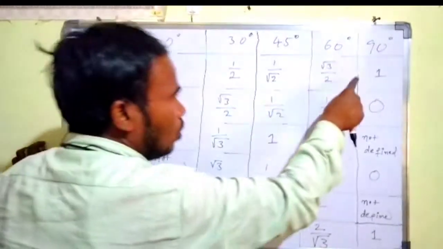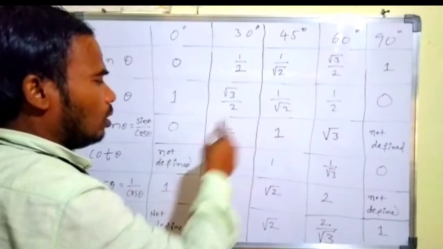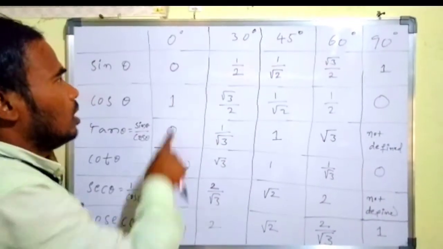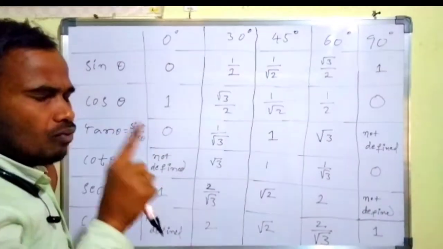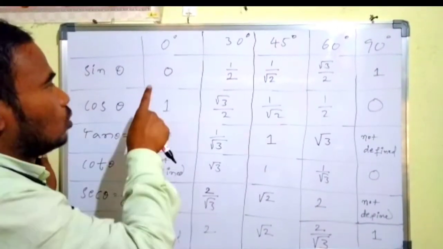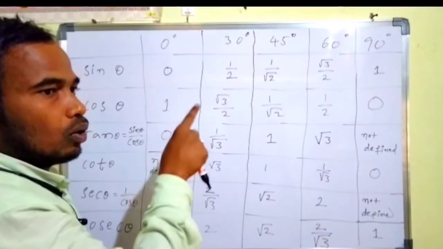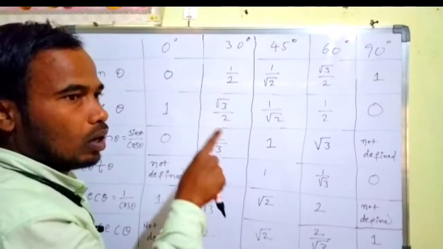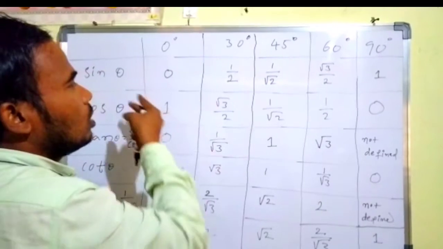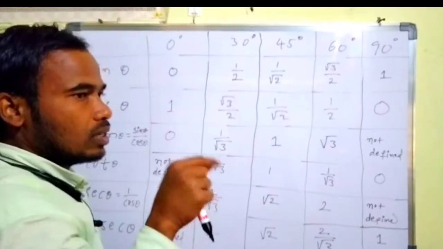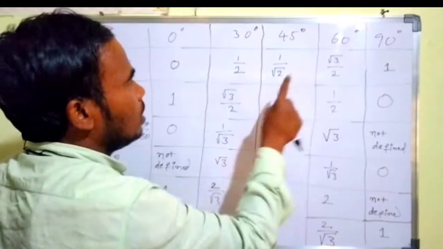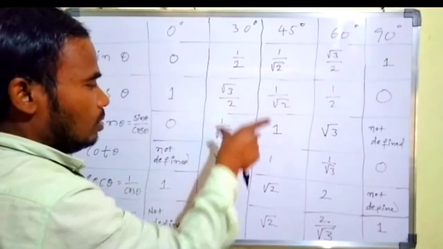If you know this, we can fill this table easily. Sin 0 I already told: under root 0 by 2, under root 1 by 2, under root 2 by 2, under root 3 by 2, under root 4 by 2. Then by cancellation we get these values. If you know these values, we can fill this table easily.